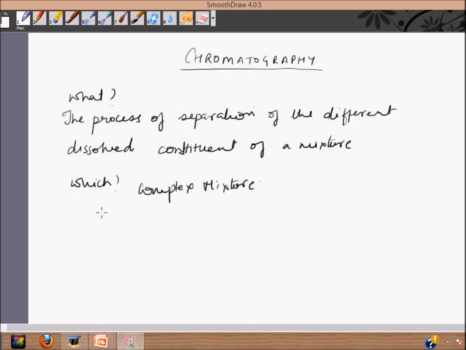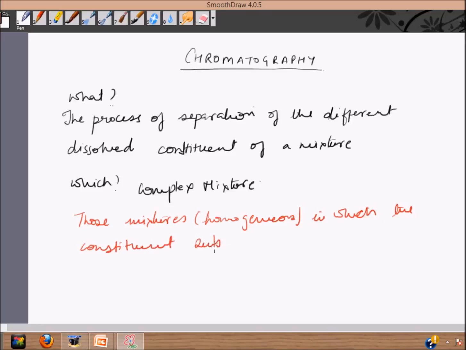Complex mixtures are nothing but those homogeneous mixtures in which the constituent substances have very similar physical and chemical properties.